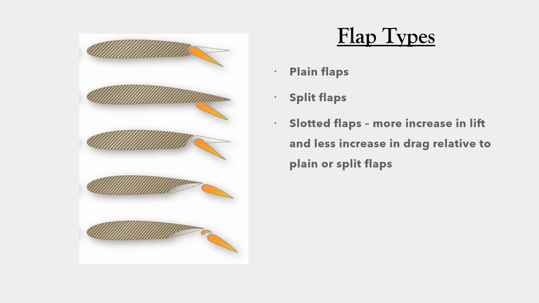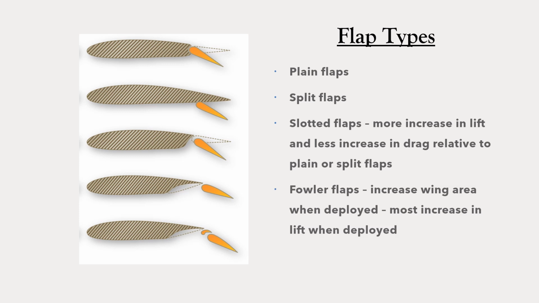A slotted flap is similar to a plain flap, but there's an intentional gap when the flap is deployed, so that air can go under the wing and still go over the flap. The effect of that is it increases the lift more than a plain flap, with less of an increase in drag. This fourth picture is a Fowler flap.